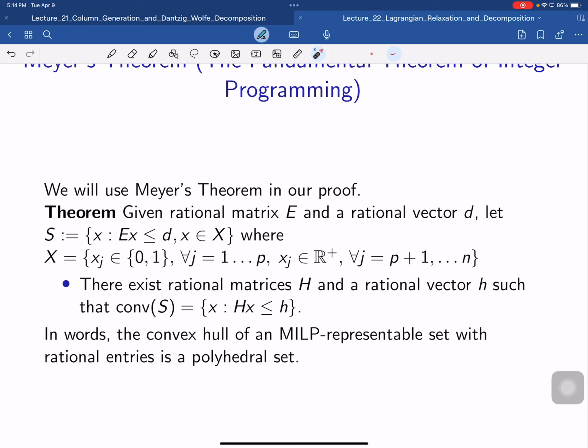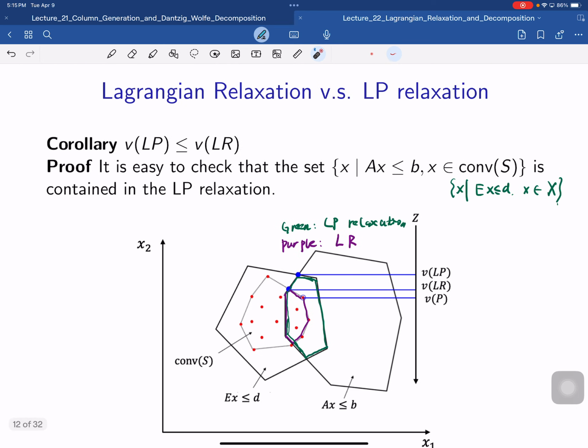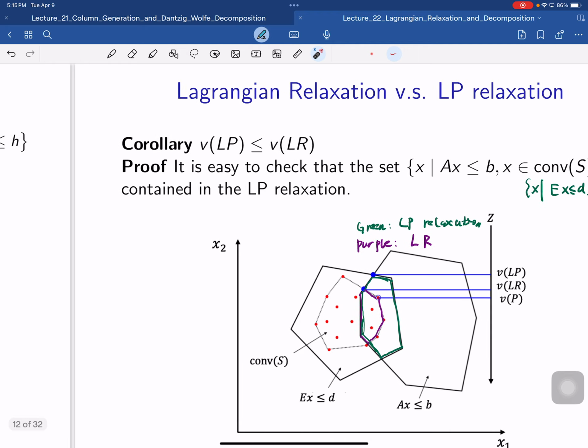So there exists a rational matrix H and rational vector h such that the convex hull of this constraint can be described by a polyhedral set. Intuitively, this is true, right? For example, you draw the convex hull here. It is clearly a polyhedral representable set.